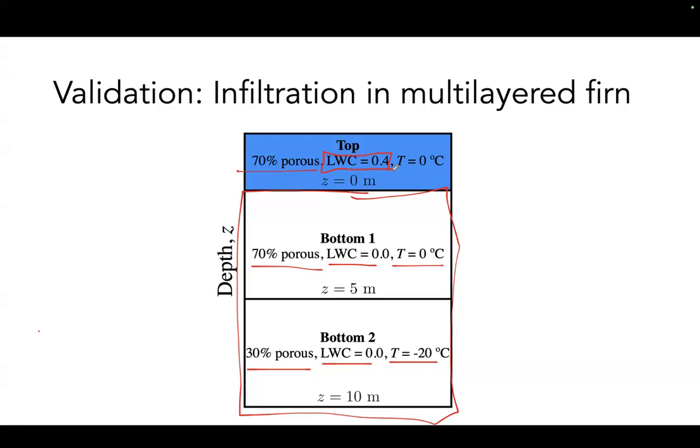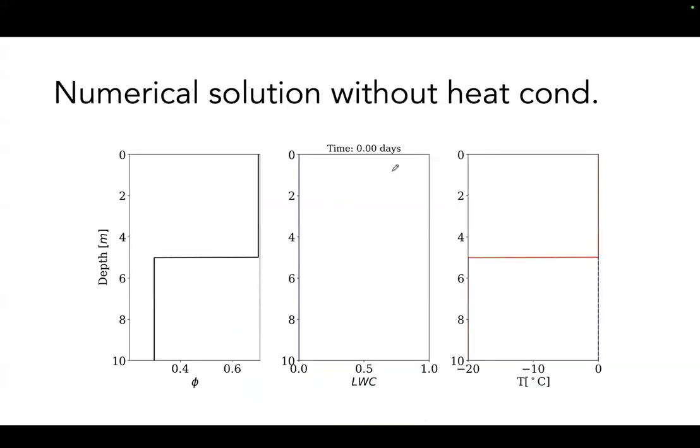What will happen in that case? I will show the simulation result first, the numerical simulation of the governing equations without heat conduction. In the first panel, on the y-axis you have depth, and the first quantity is your porosity.